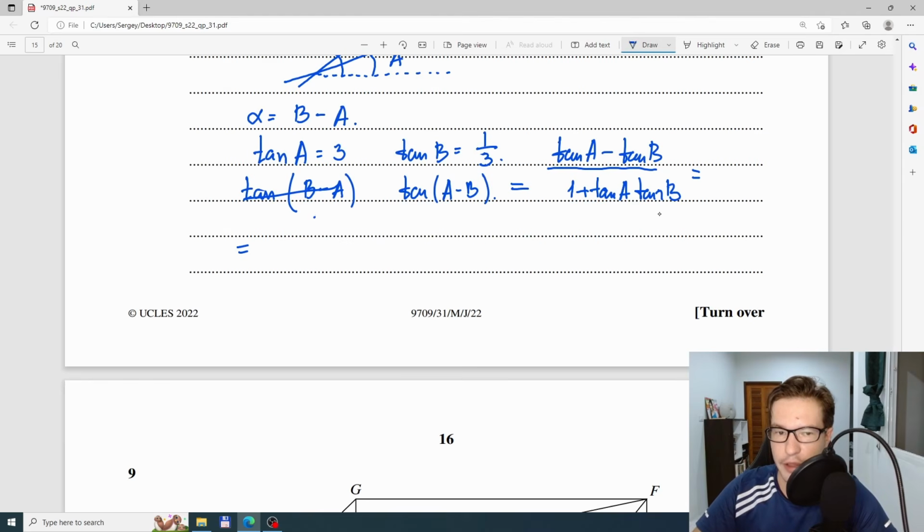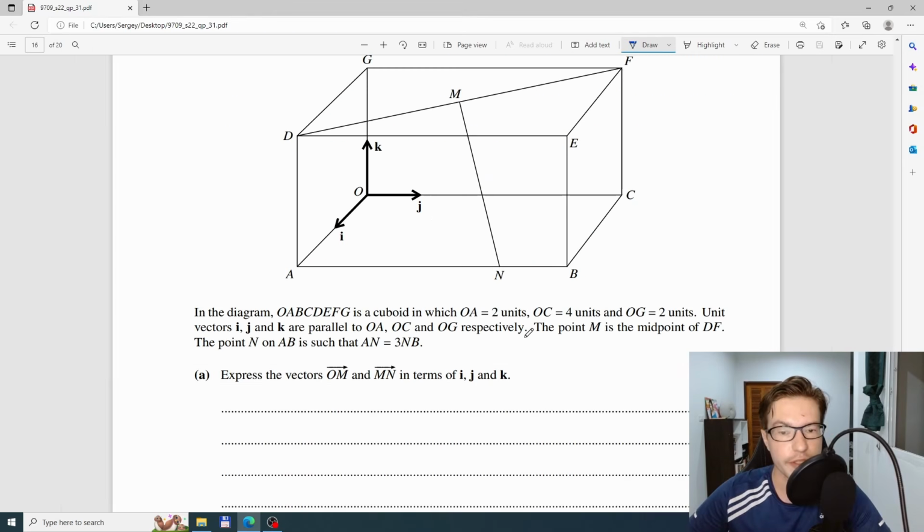So we'll get 3 minus a third over 1 plus 3 times a third, which is 1. So we get 1 plus 1 at the bottom. If we calculate this, we get 4 over 3. And that's going to be the answer for that question. Next one is about vectors.